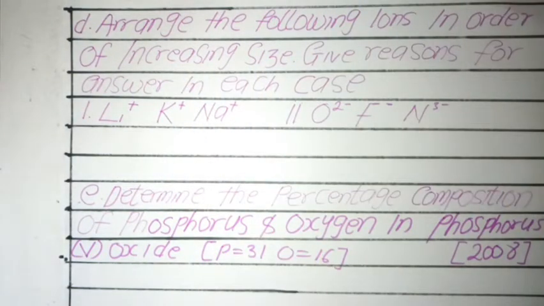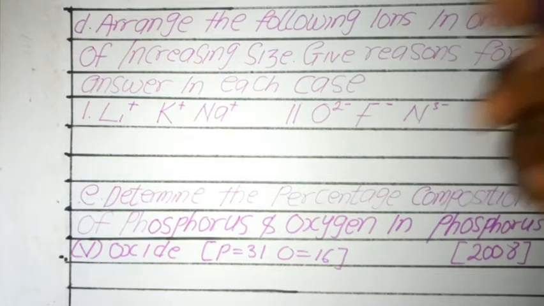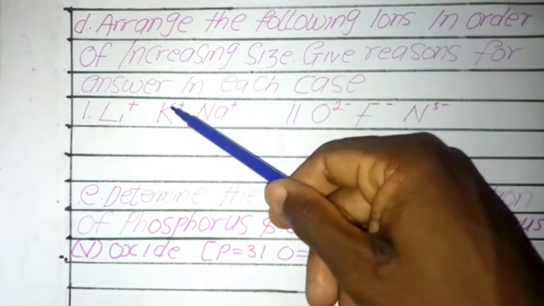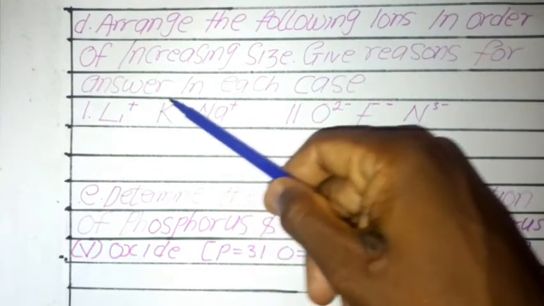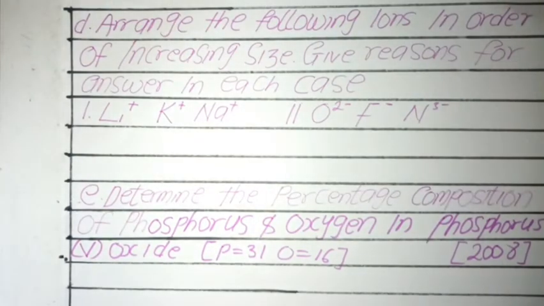So we know that atomic size increases down the group, right? But across the period, it decreases. So don't allow this positive charge to confuse you.